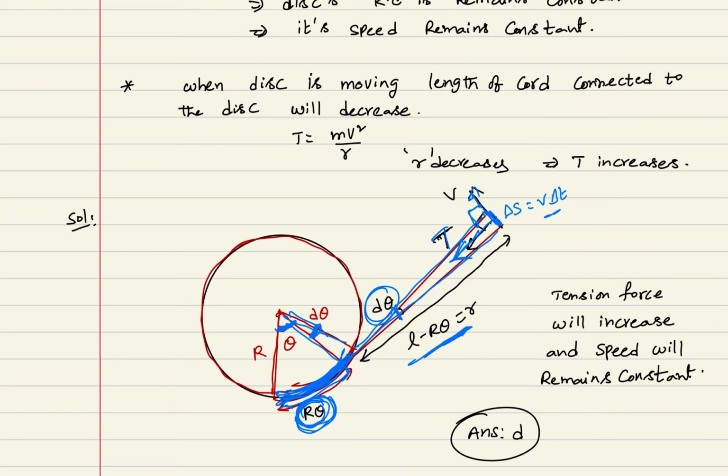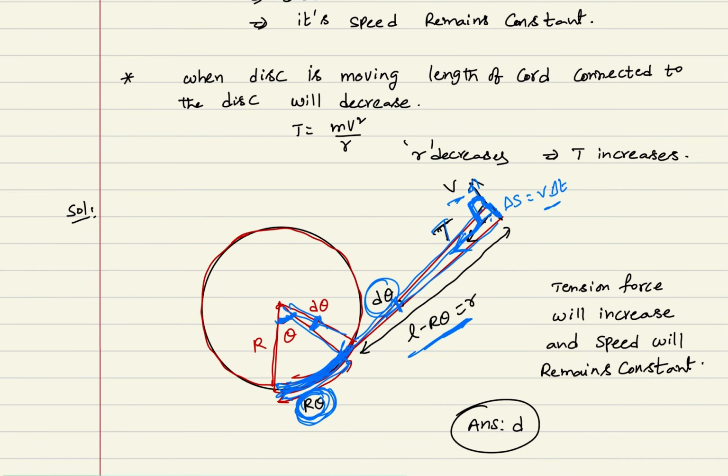The speed of this disk is perpendicular to the thread or cord. As the speed is perpendicular to the cord, everywhere, even if it is going like this, the speed is perpendicular to the tension in the cord. So we can see the work done by this tension force.